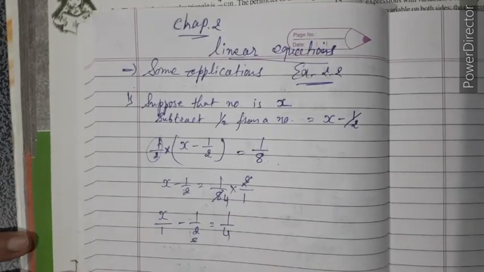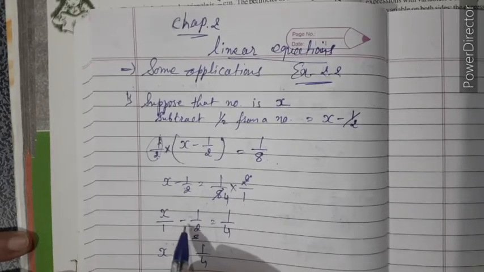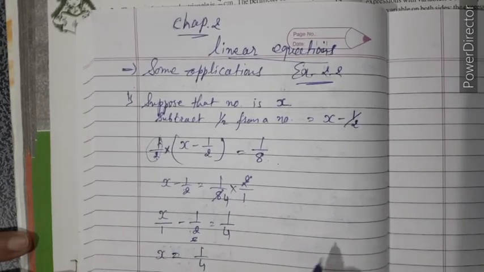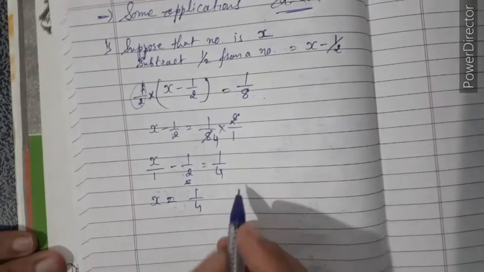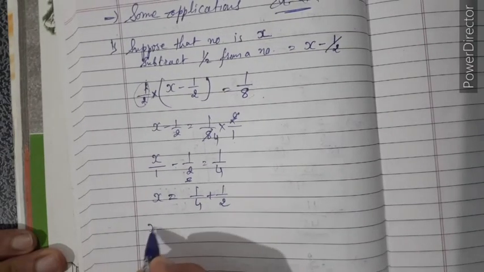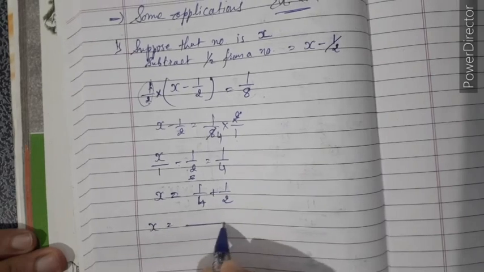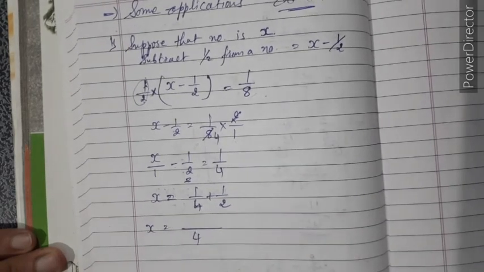Now change the side of 1 upon 2, so x equal to 1 upon 4 plus 1 half, we change the side, so minus converts into plus. So x equal, now take the LCM of 4 and 2. What is the LCM? That is 4, we know that.